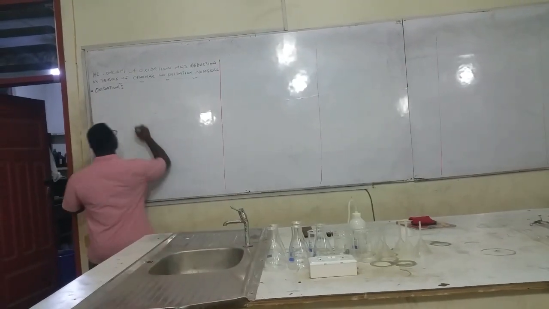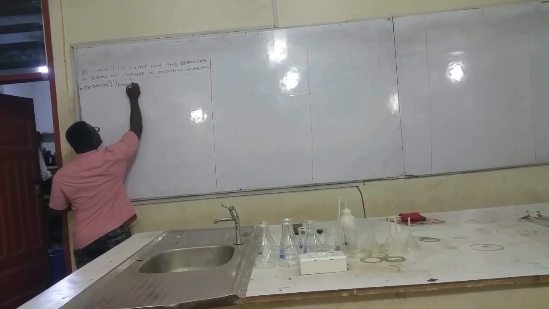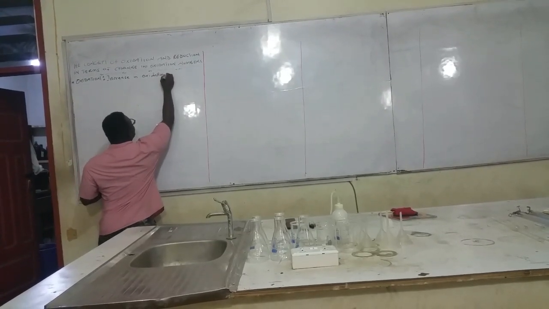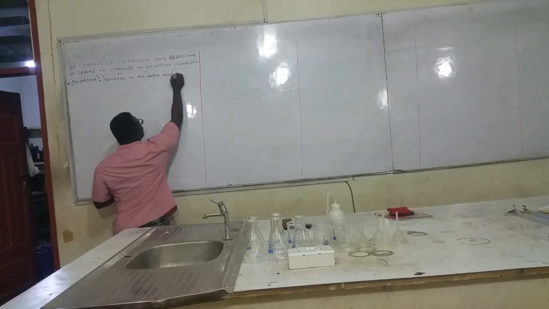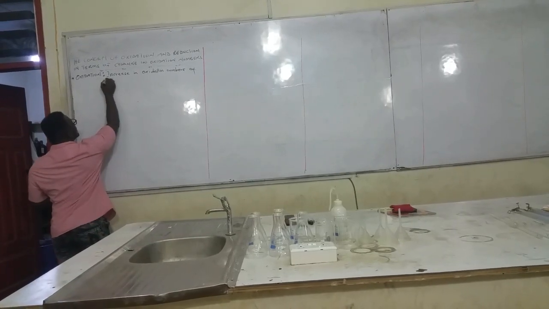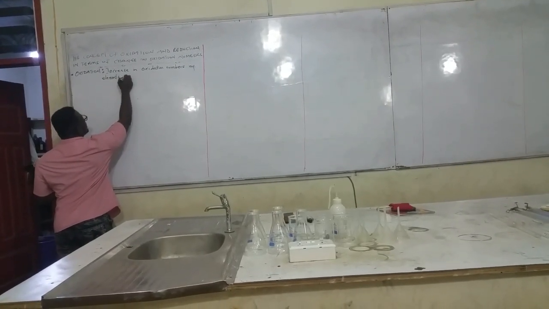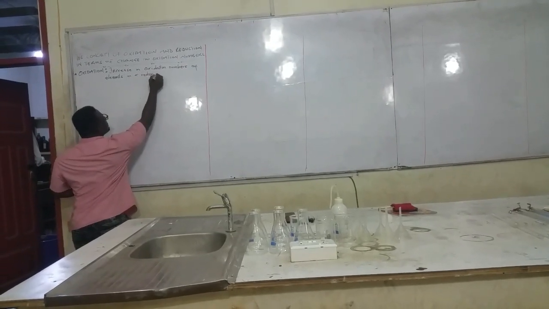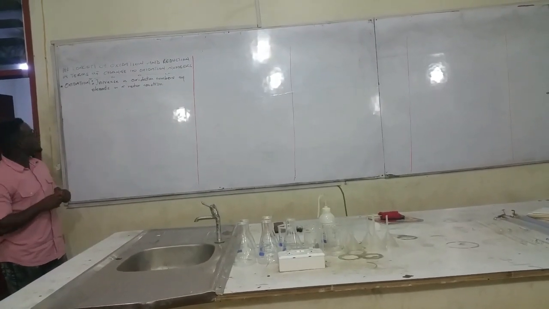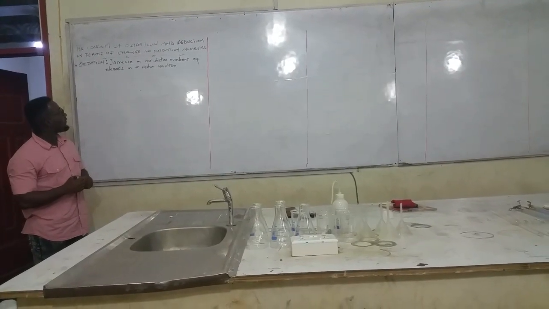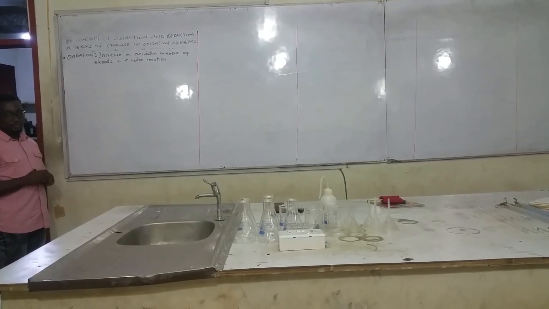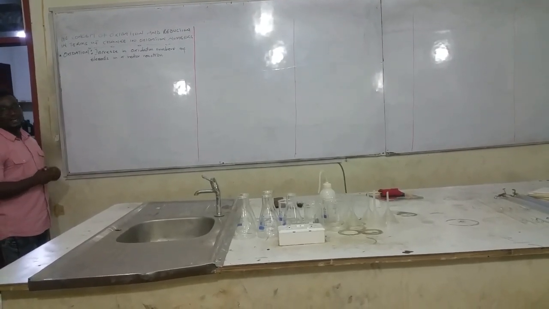So technically, in a redox reaction, increase in oxidation numbers in elements in a redox reaction is what we term as oxidation. Now let's pick a typical example.